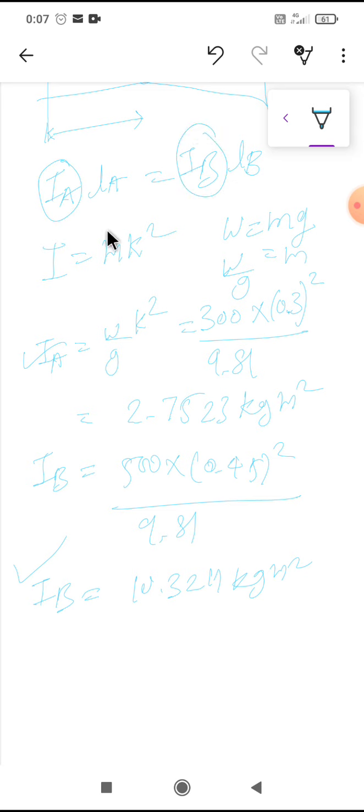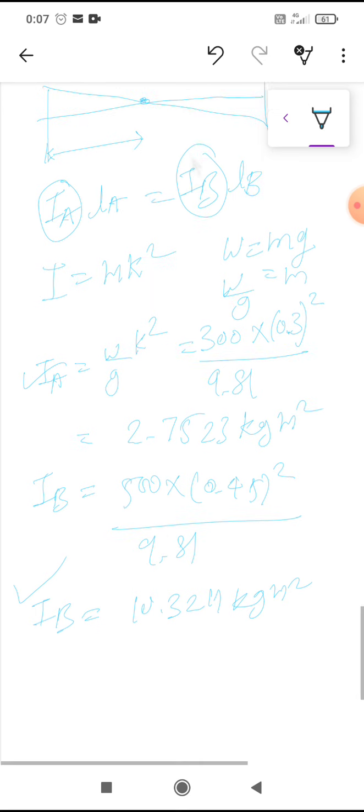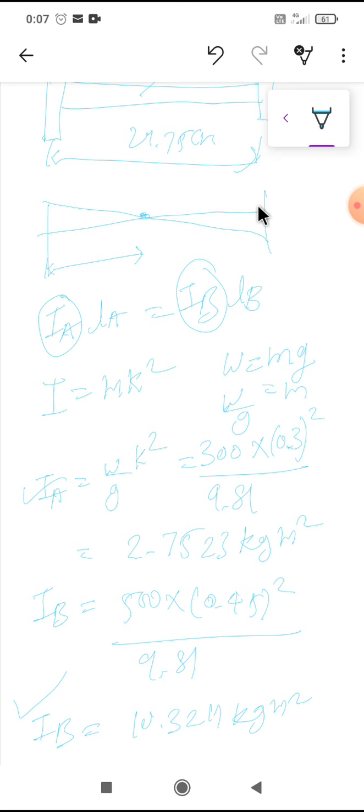Now the bigger question is how to find LA or LB. We don't know both the values LA and LB, but we know the total length. So if I replace one of the values with L minus LA, we can find the value of LA.